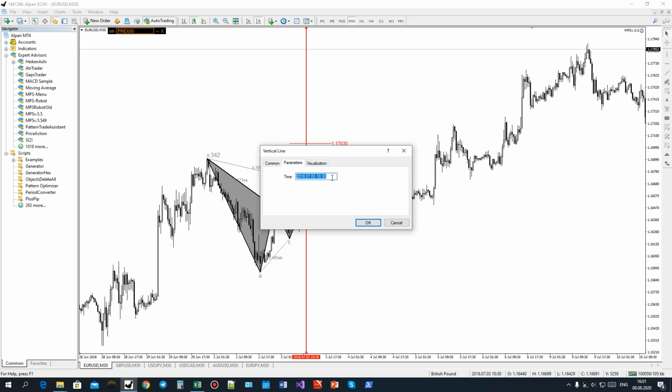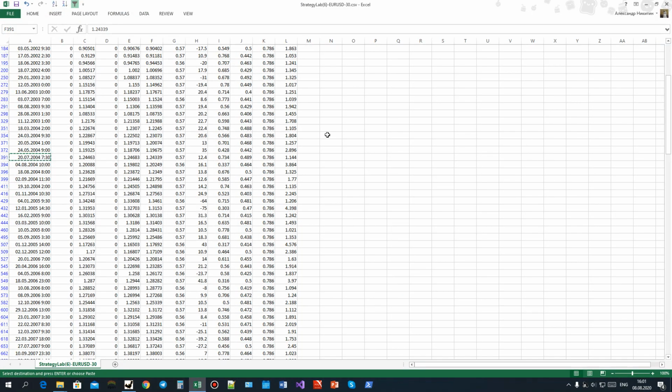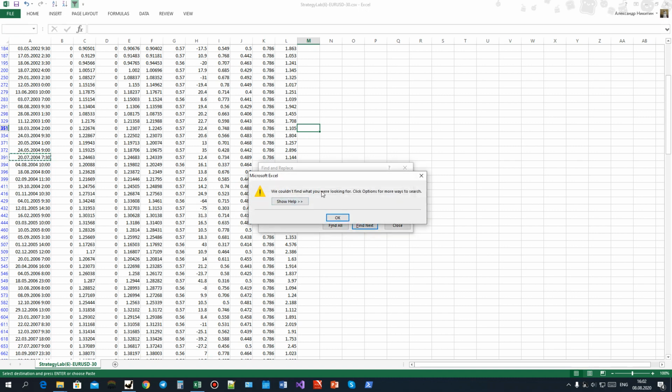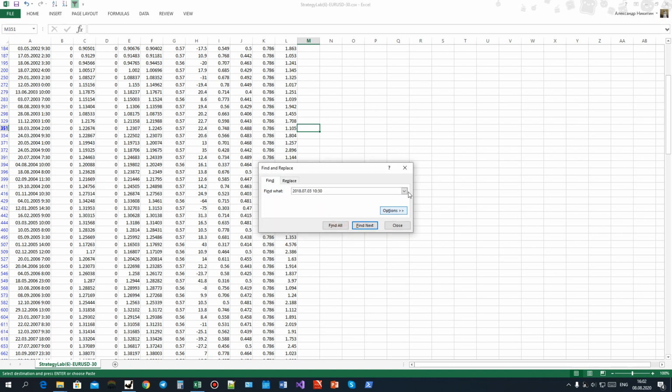Vertical line properties, we copy this, Control C, then we go to Excel and type Control F to find, and type this time, and it should find it. Couldn't find what you're looking for, well, we'll find it manually.